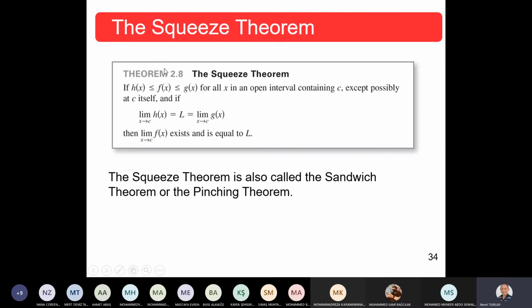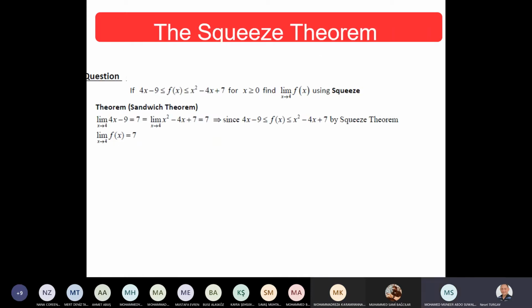And if the limit of h of x when x goes to c is equal to L, and L is equal to the limit of g of x when x goes to c, then the limit of f of x when x goes to c exists and is equal to L. This squeeze theorem is also called the sandwich theorem or the pinching theorem. Firstly, did you understand what is going on here? Yeah. Okay, now with one example it will be more clear.